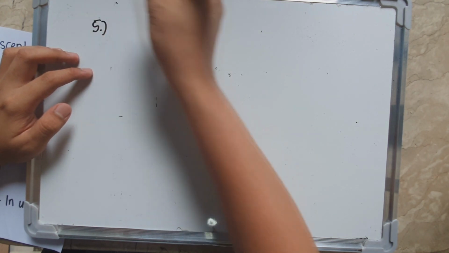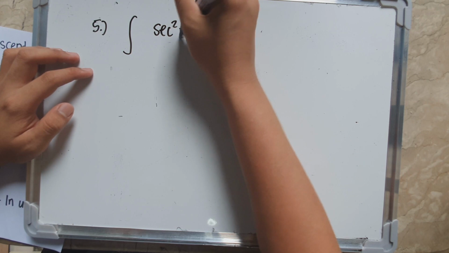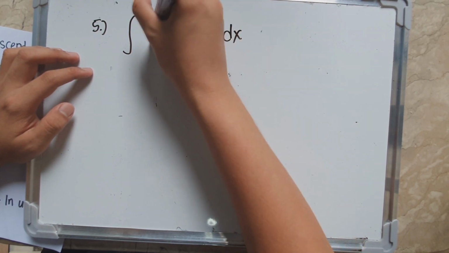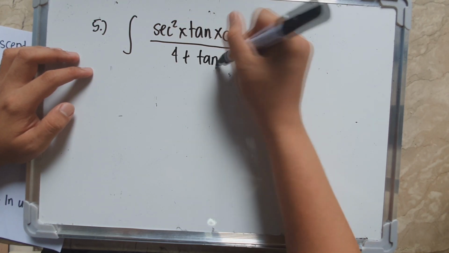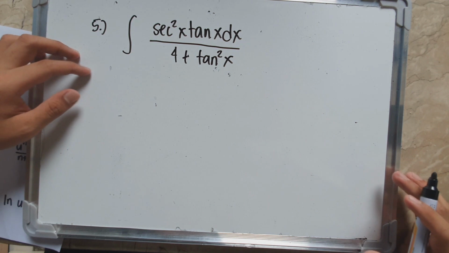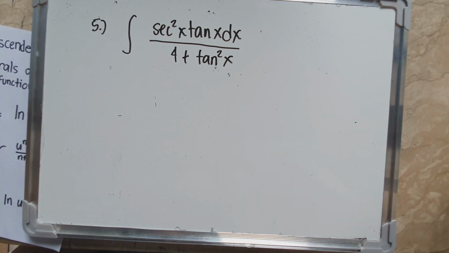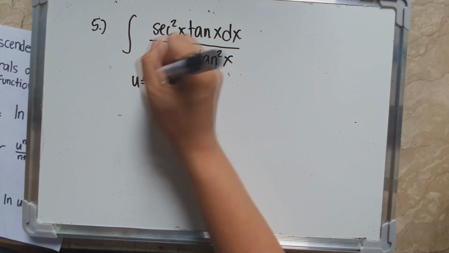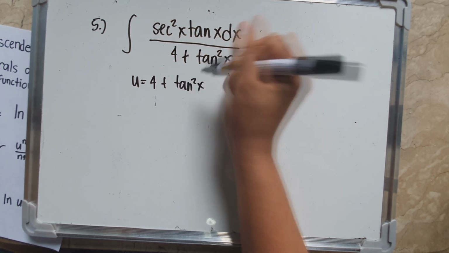Number 5, we have the integral of secant squared x tangent x dx over 4 plus tangent squared x. Let's evaluate number 5. Assigning the denominator as the u, u is 4 plus tangent squared x.